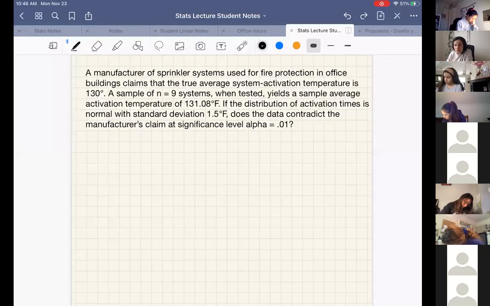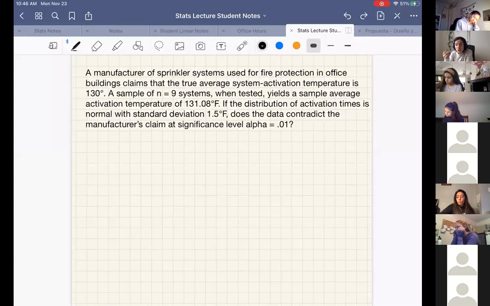Okay, so I'll start talking about how to address this type of problem. The first thing that I want to say is, before you ever try to figure out what type of test you're performing, if a 1-tailed or a 2-tailed, try to ignore the data that is given with respect to the sample. The type of test that you're conducting does not rely on the results from your sample, but only on the question that you're trying to answer.